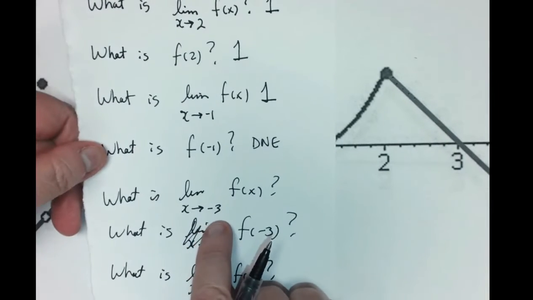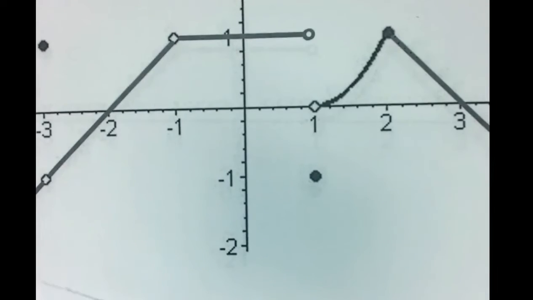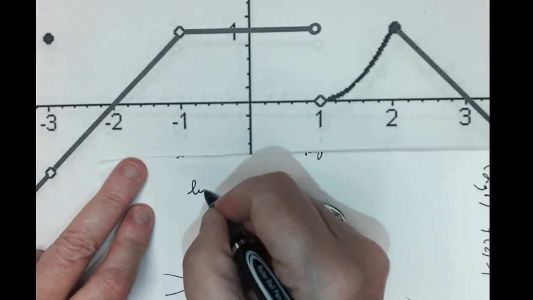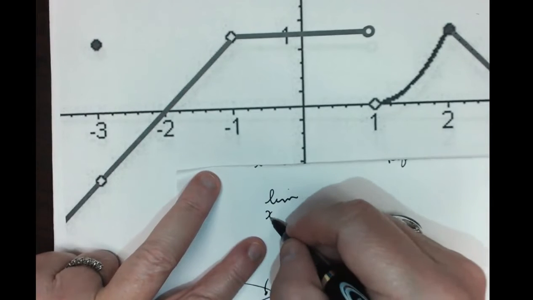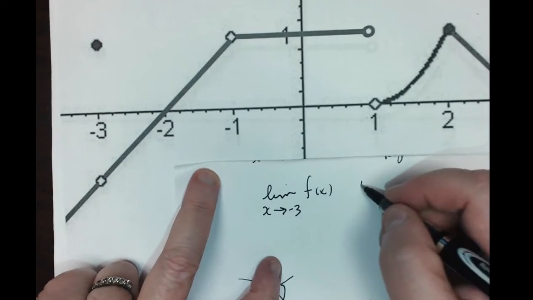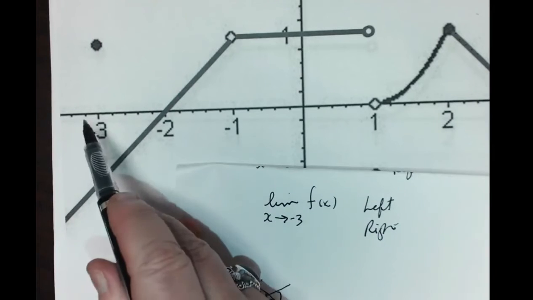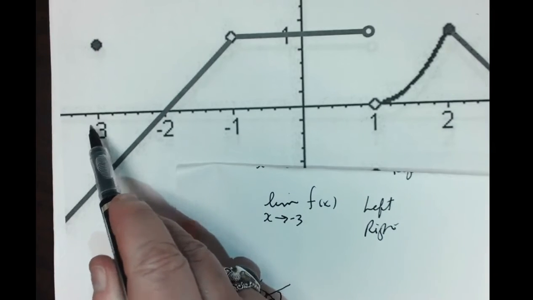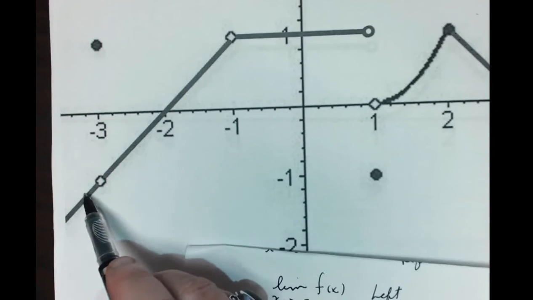All right, what about as x approaches -3? What are we going to have for that? Well, I need to get the left and the right limit. Okay, as I'm approaching x coordinates of -3 from the left, what are the y coordinates approaching?